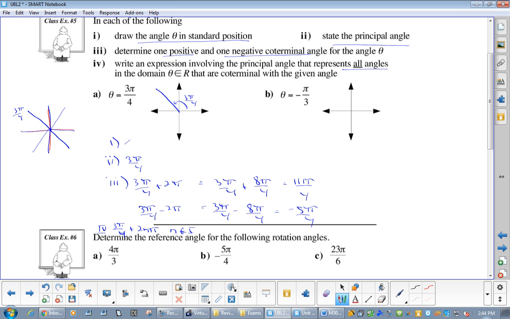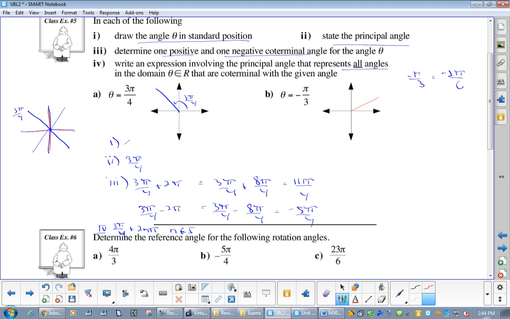Let's do b quick. Okay, so negative pi over 3. Now, negative pi over 3 is the same thing as negative 2 pi over 6. Now, why am I telling you that? Well, my pi over 4s go every 45 degrees, just like I showed you. The rest are all pi over 6s. And just watch this so you can see.